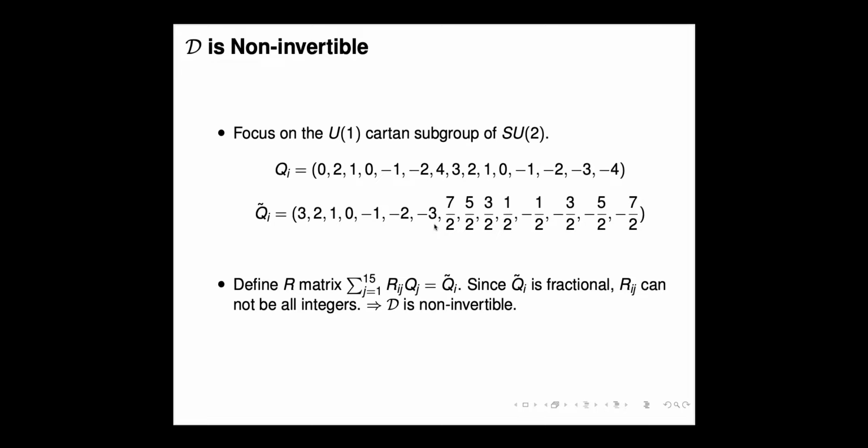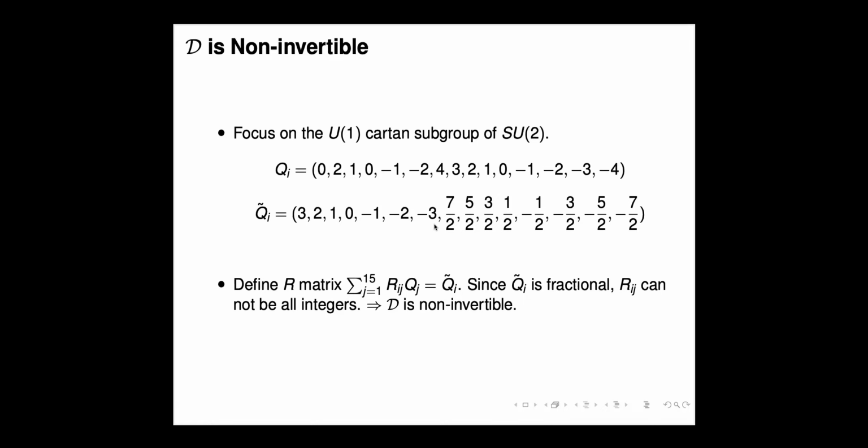But one particular property of the R matrix is that it cannot be all integers. Why? Because the Q's are all integers, and R times Q is Q tilde, but Q tilde has a non-integer. So it means that the R matrix cannot be an integer vector. According to the result that we proved before, this D must be non-invertible.